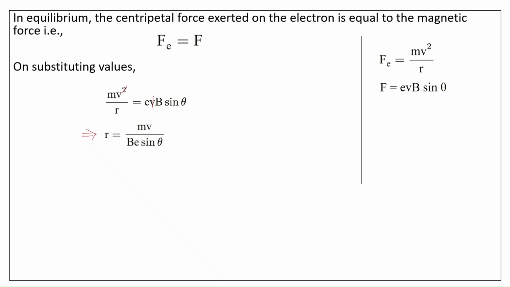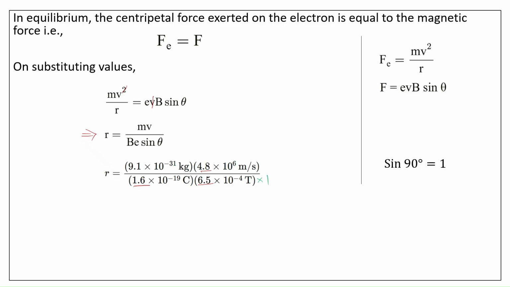Therefore, r = (9.1 × 10^-31 kilograms × 4.8 × 10^6 meter per second) / (1.6 × 10^-19 coulomb × 6.5 × 10^-4 Tesla × sin 90 degrees). Here, sin 90 degrees is equal to 1.